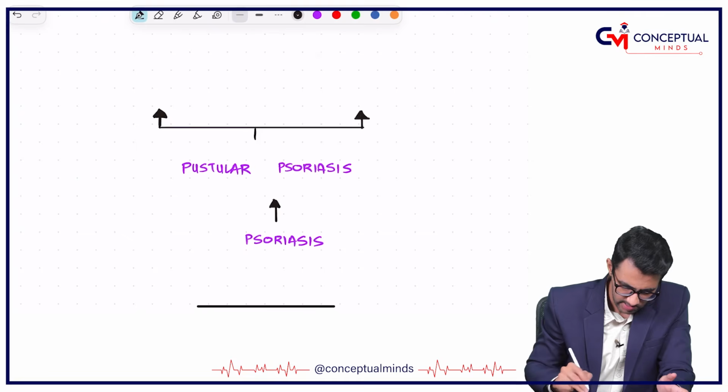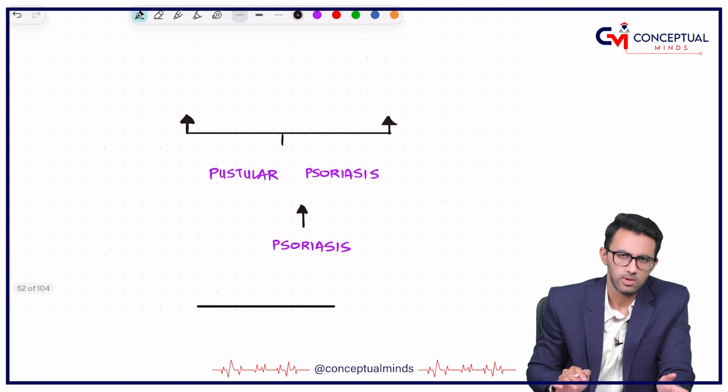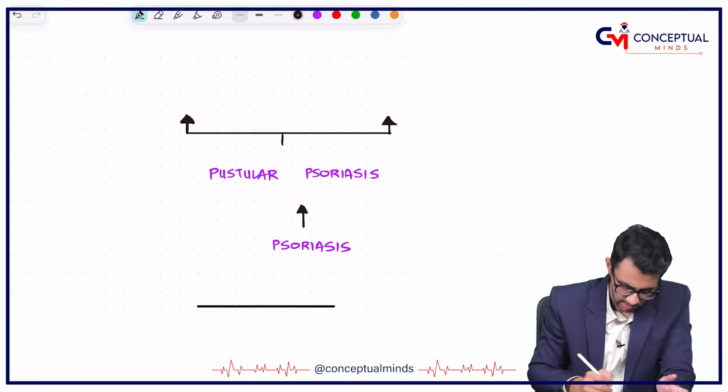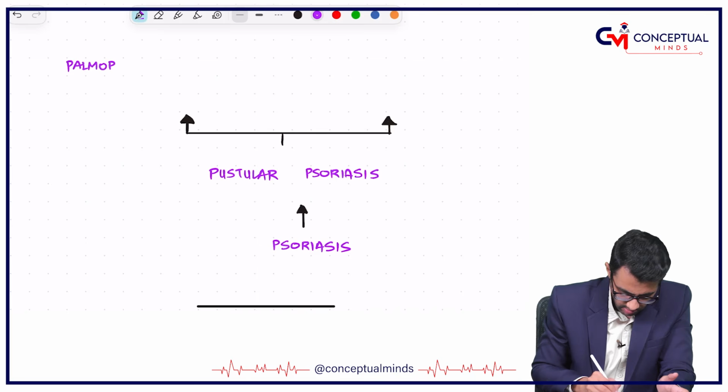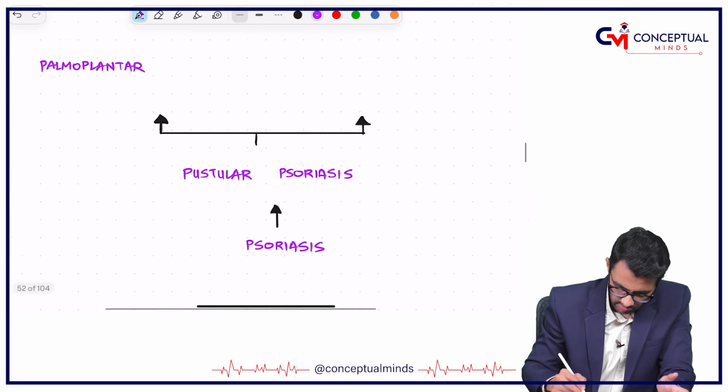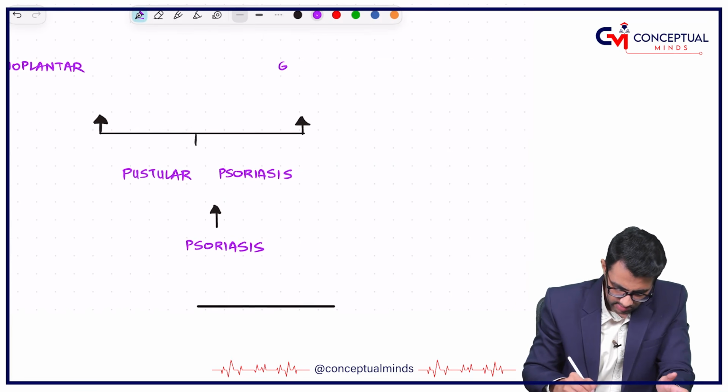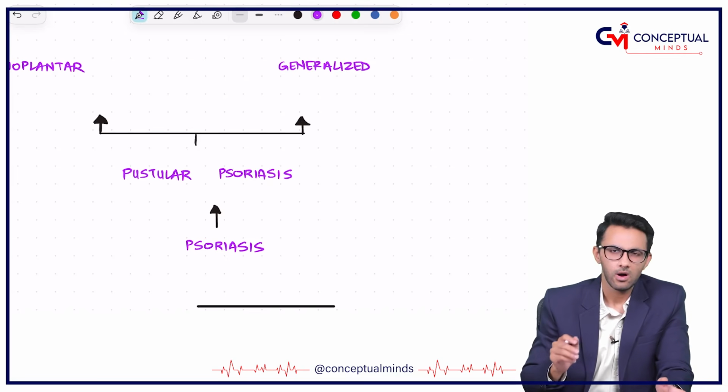One type is palmoplantar psoriasis, and the other one is the generalized type.